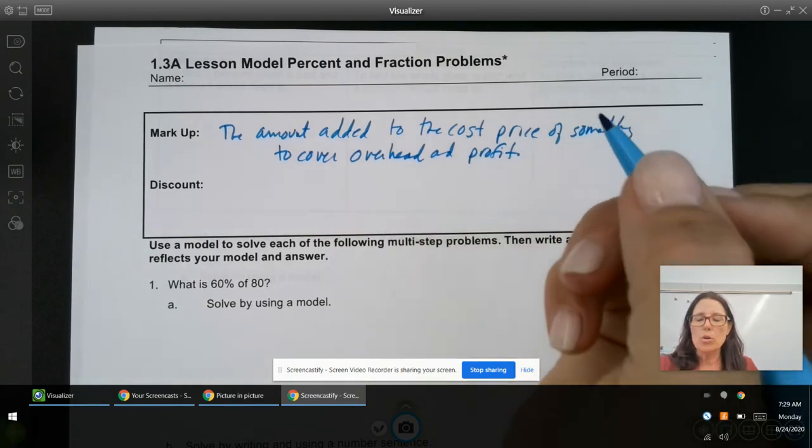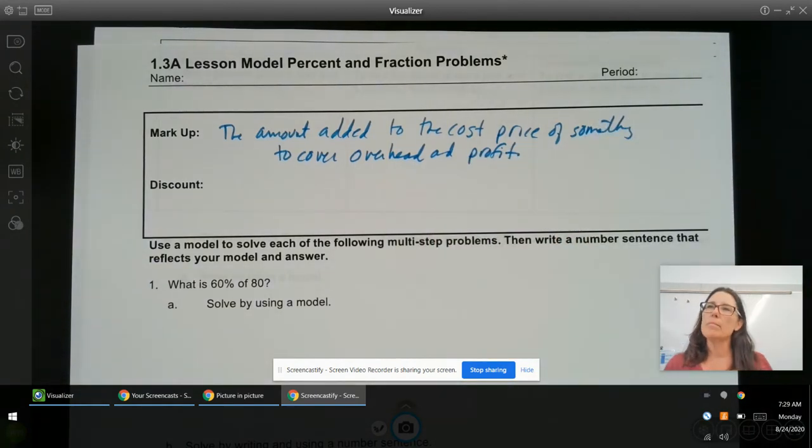All right, so think about that as Target, Hanson's. They buy products and put them on their shelves for a certain price, and then they have to mark them up. They have to add an amount on to charge to us, the consumer, so that they make a profit and can pay for everything going on in their store. Okay, that's the idea behind markup.